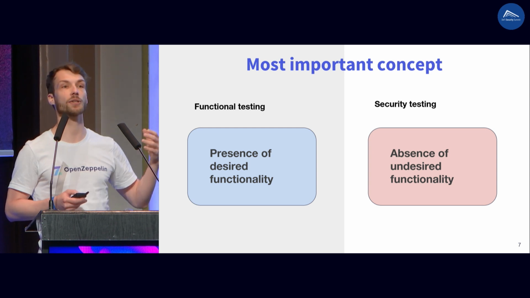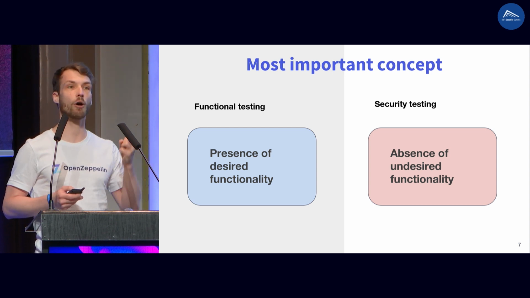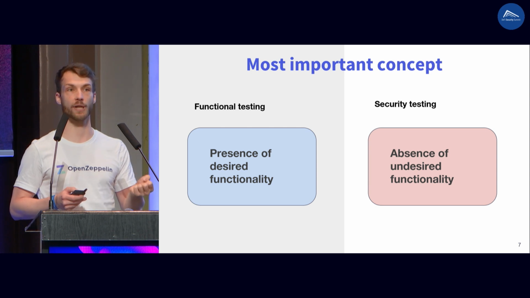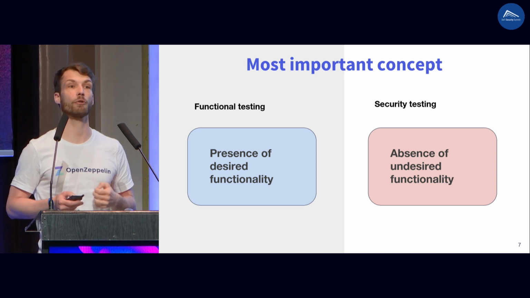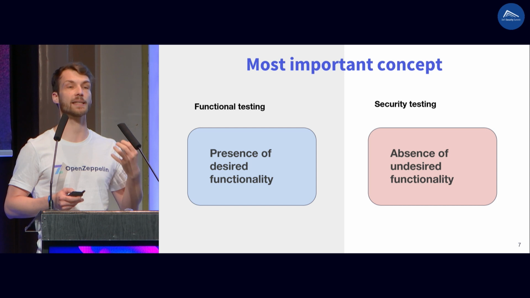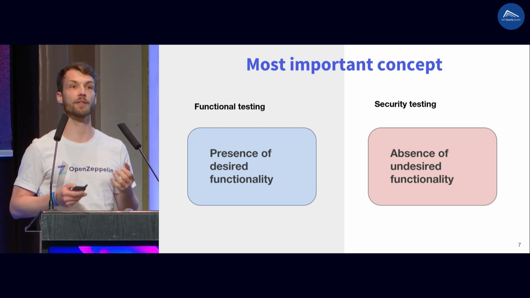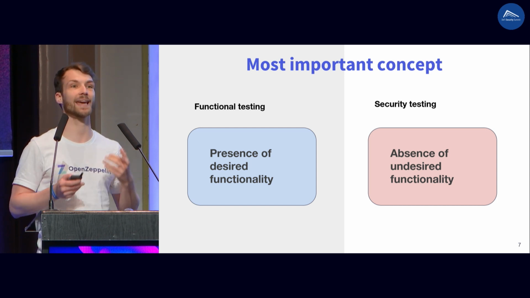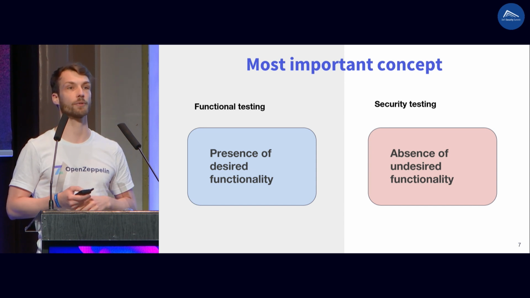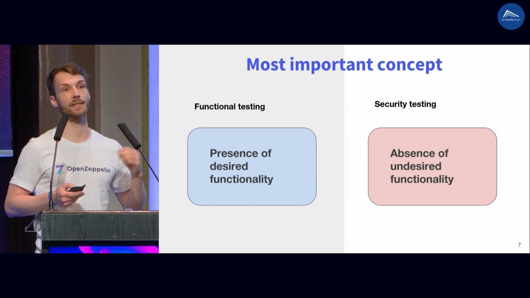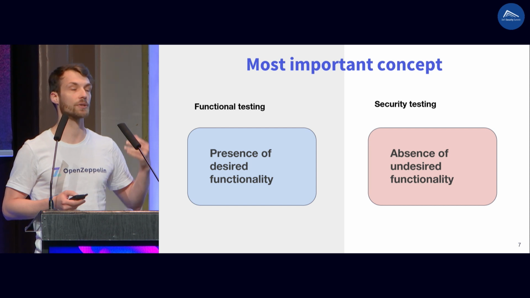And you have to ask yourself, how much testing of an absence of functionality am I doing? So for example, for unauthorized functions, am I really testing that a message sender that is just an arbitrary person cannot interact with the contract in a certain way? And so this testing for absence is what we call security testing here.